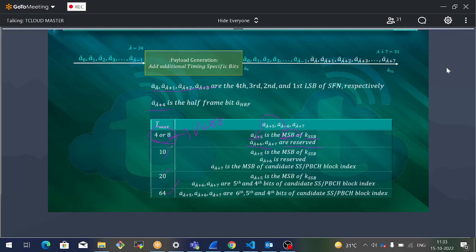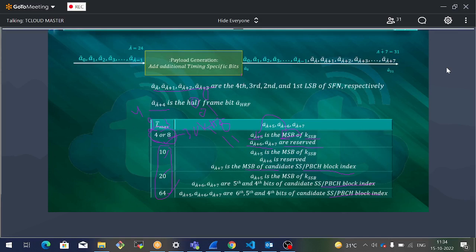If it is the other scenarios, you are going to get the other half, the MSB part of the block index. You got the LSB part of the block index already, 2 or 3 bits earlier, but now you are getting the other half here, especially when the Lmax value is very big, like 10, 20, 64. If the number of times the block is sent is only 4, you can send it with 00, 01, 10, 11. 2 bits is enough.